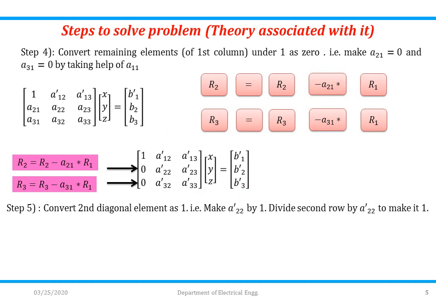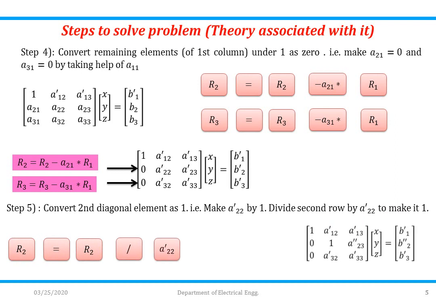Step number 5. Now convert the second diagonal element to 1. Our aim is to make this element equal to 1. So how to make this element 1? You have to divide whatever number is present here by that number so that you get the answer 1. So divide the second row by A-22 to make it 1. That's why R2 equal to R2 divided by A-22.